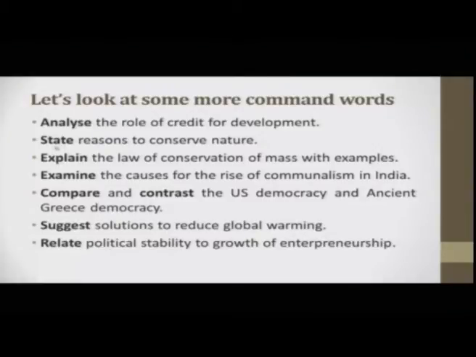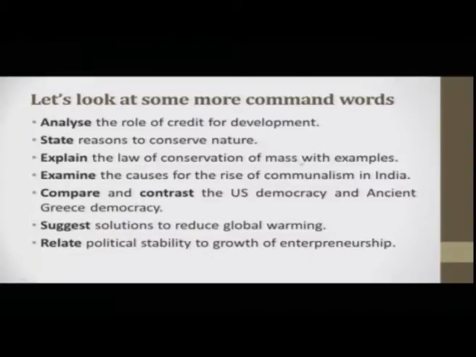The second, state reasons to conserve nature. State usually means you list points. Here you need to list points which very clearly are strong reasons to conserve nature. When you see the word state, too many details are not expected from you.